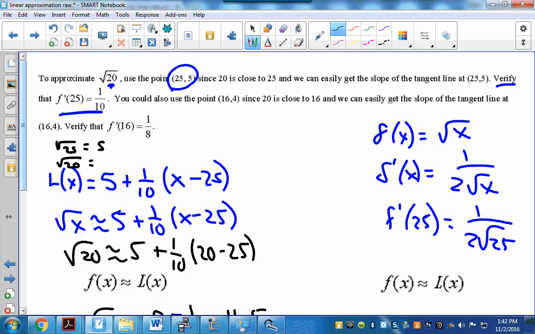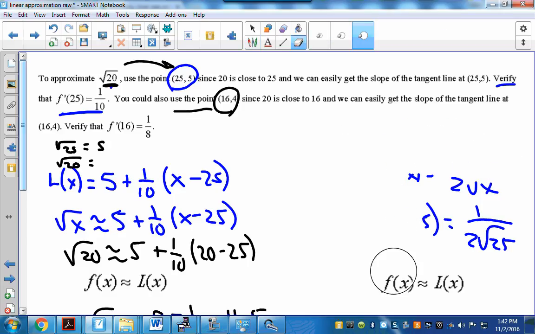Now, I noted in this problem that you could also use this point, right? Which one's better? I'm not sure either one's better. I might want to do something else, but if I'm using a tangent line, I need a point close to 20. And 25 is close to 20. 16 is close to 20. So we'll do the whole thing again a different way and see whether or not we get another approximation.